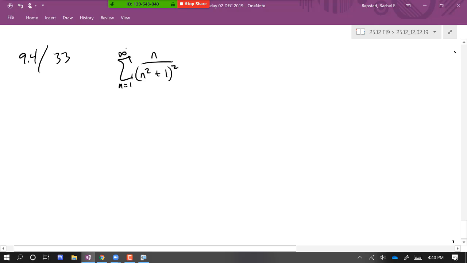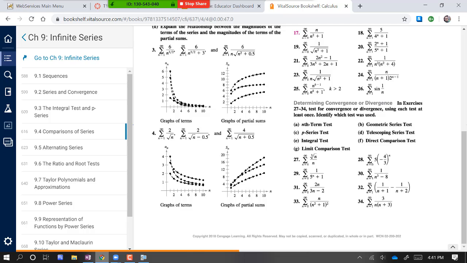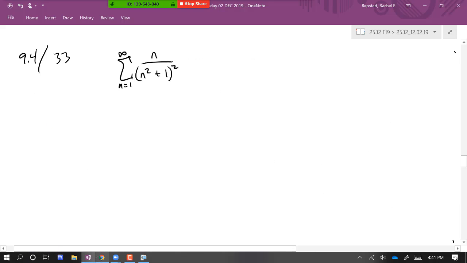What kind of limit? The limit as b goes to infinity of the integral from 1 to b of x over x squared plus 1. What test are you using? I think the integral test. Okay, yep. So if we're using the integral test, yeah, that could work.